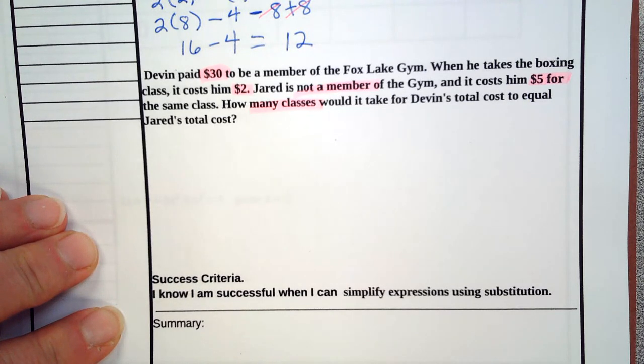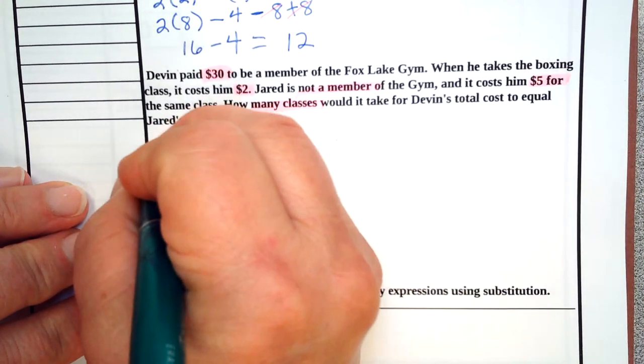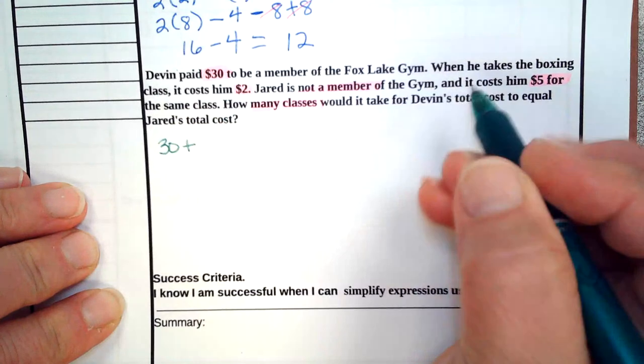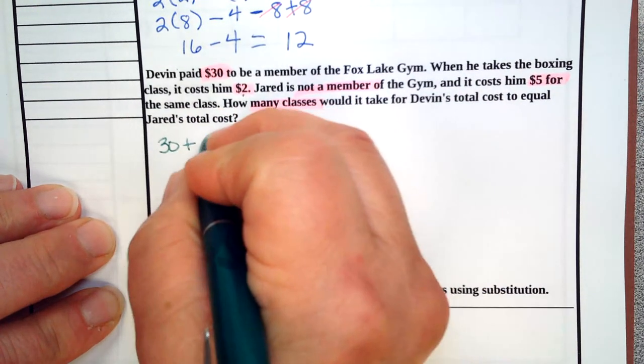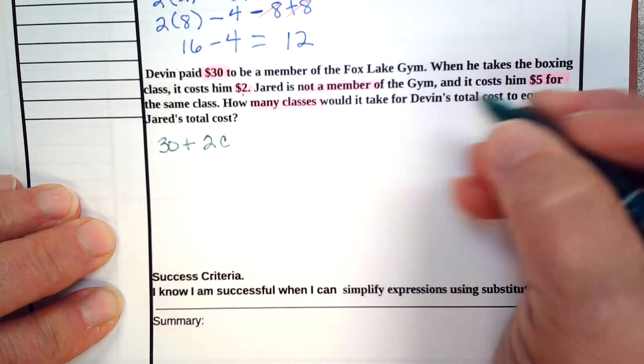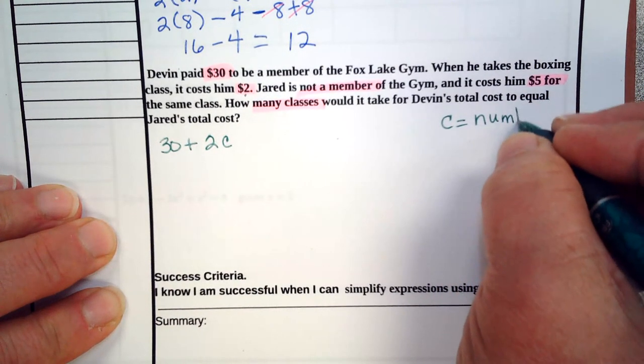Okay, so let's get started. Before he walks in there, he pays $30. Each time he takes a class, it costs him $2. Now C will be the number of classes.